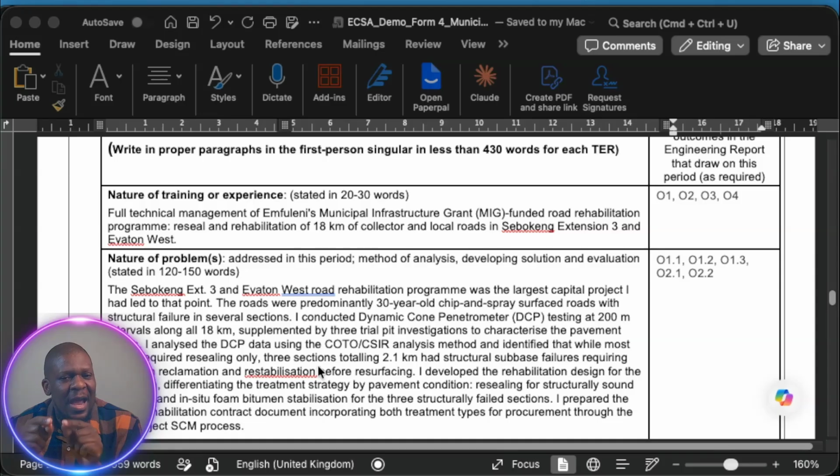However, as an official of government, you don't take the work of a consultant blindly and say the consultant said this, I'm going to accept it. No. Remember, you are responsible for defending the budget that you are spending, not the consultant. When the officials of MIG, COGTA, come to you, they need to understand why you spent so much on this project.